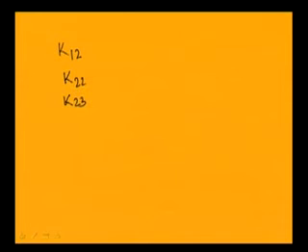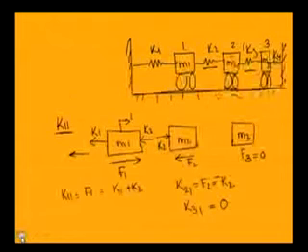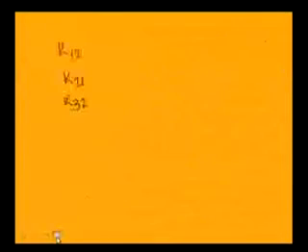For this, the second mass will have to undergo a displacement of unity and the other two masses will be at their equilibrium position, so they will have no motion. For that I can draw the free body diagram. In this free body diagram, mass m1 will have 0 motion and mass m2 will have unit motion.